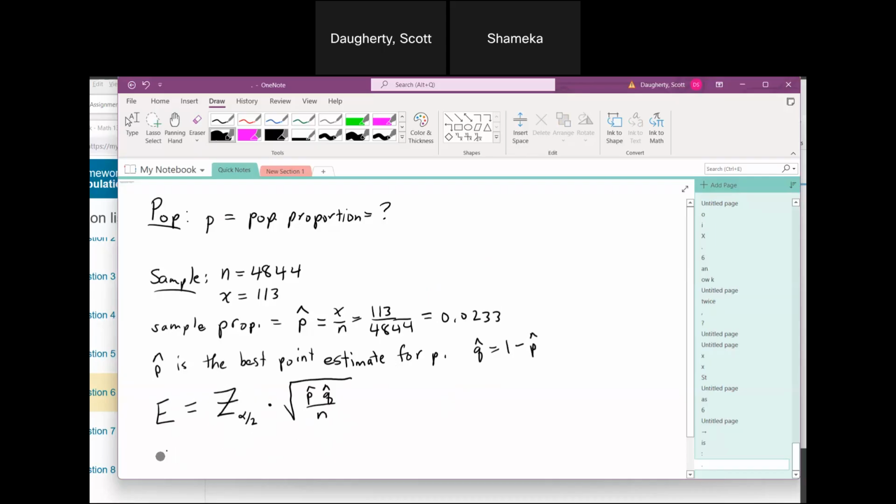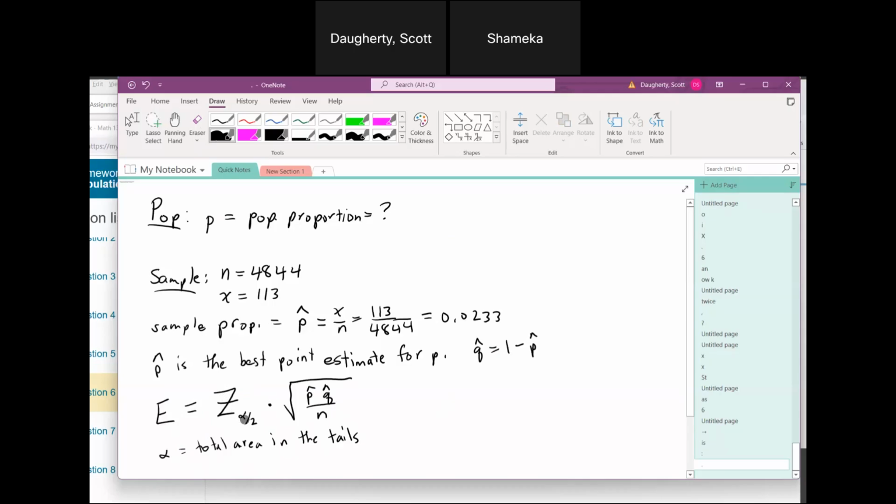First of all, alpha is the total area in the tails. And then this is actually alpha divided by 2. So we're going to find whatever the total area in the tails is, and divide it by 2 first.